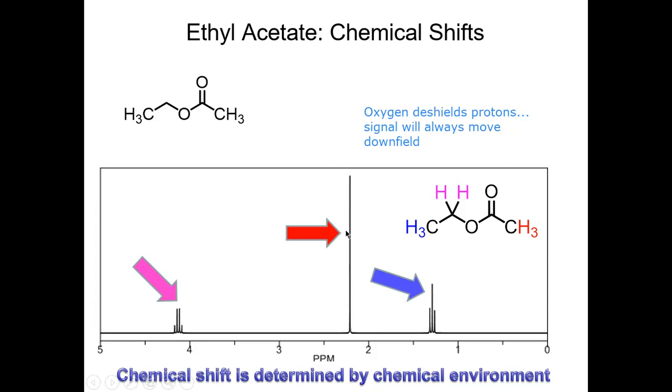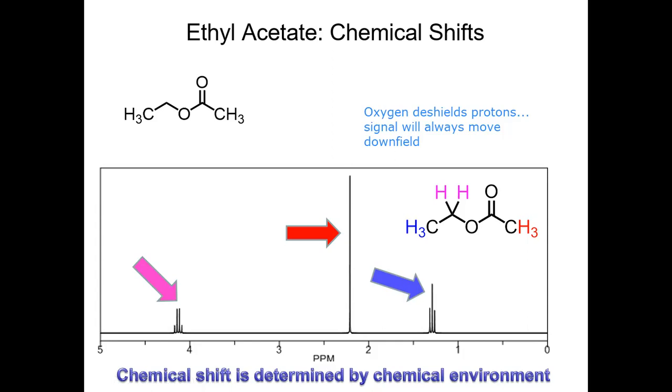And then the singlet is kind of downfield as well because it's on a carbon that's next door to a carbonyl. And the carbonyl itself has a big dipole going towards oxygen. So that's also de-shielded, just not as much as the oxygen, right?